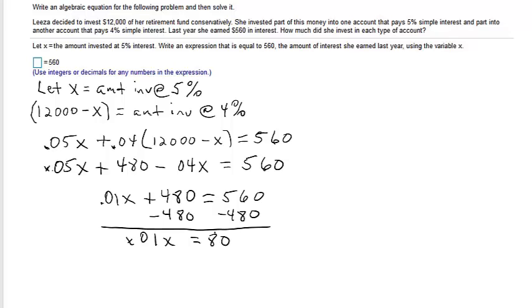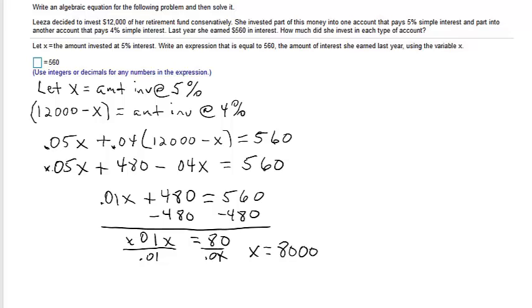We're going to divide both sides by the 0.01. So that gives us X equaling $8,000. So that means that she invested $8,000 at 5%.